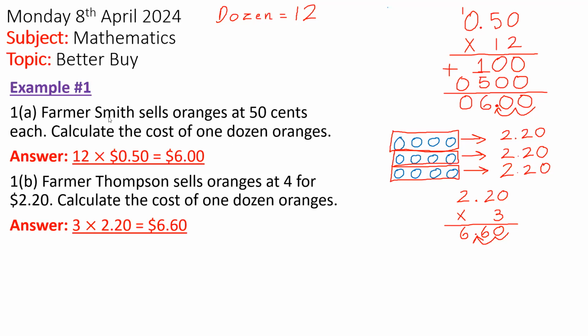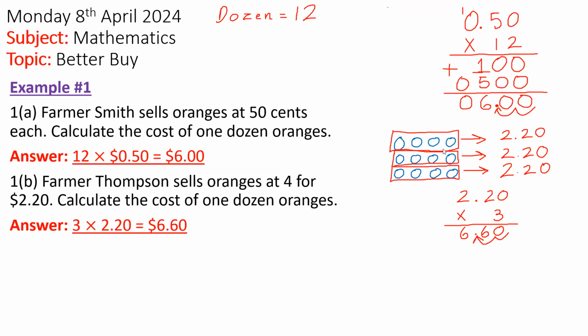You understand that? How about B? Do you understand how we got B? It's slightly different because here they told us that 4 is for $2.20. We still want the cost for a dozen. So this is 1, 2, 3, 4, 5, 6, 7, 8, 9, 10, 11, 12, so 12 oranges.